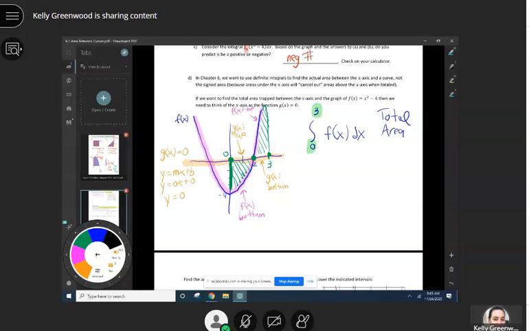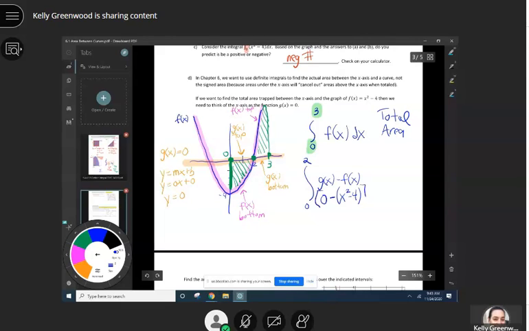Okay, so let's set up those integrals. My first integral from 0 to 2 has g of x on top and f of x on bottom. So remember, g of x was just 0, and f of x was a binomial. It was x squared minus 4. So I have to put that binomial in parentheses.